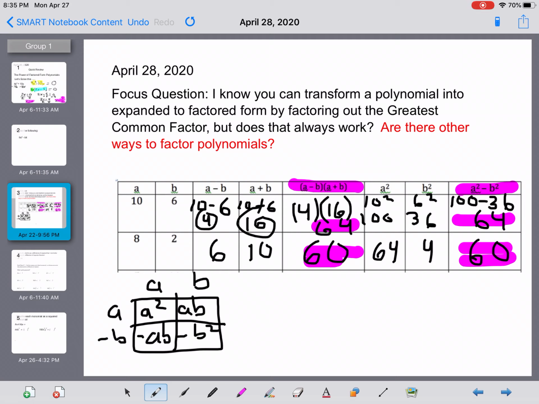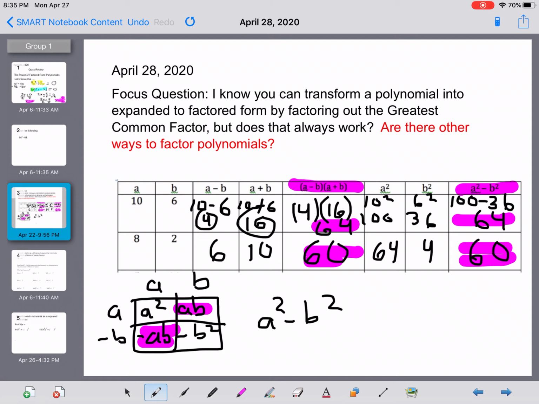If we added them up, these guys are like terms. So AB minus AB is 0. It's gone. They're opposite. So all we're left with is A squared minus B squared.